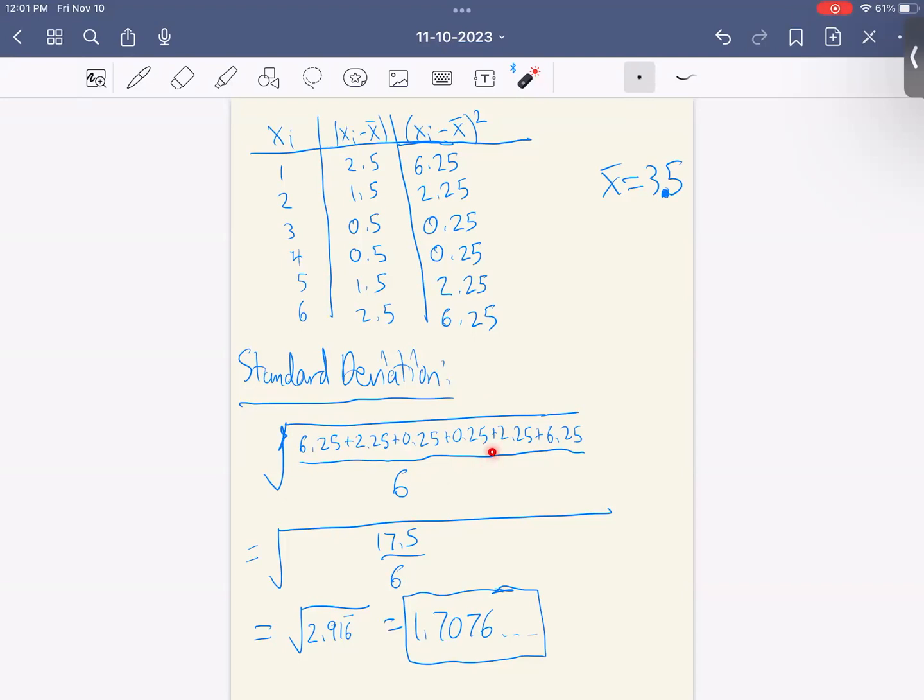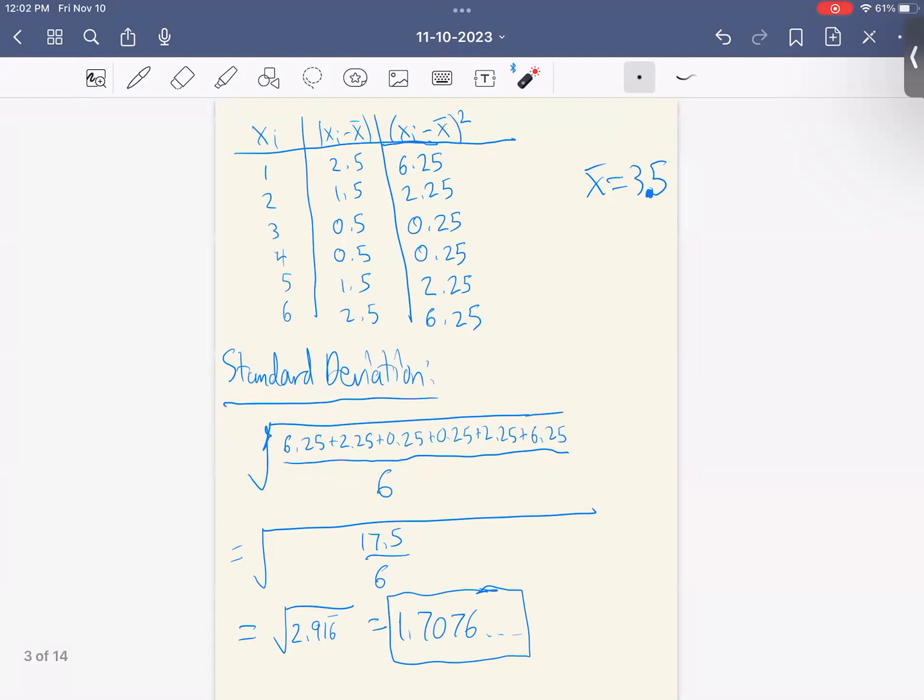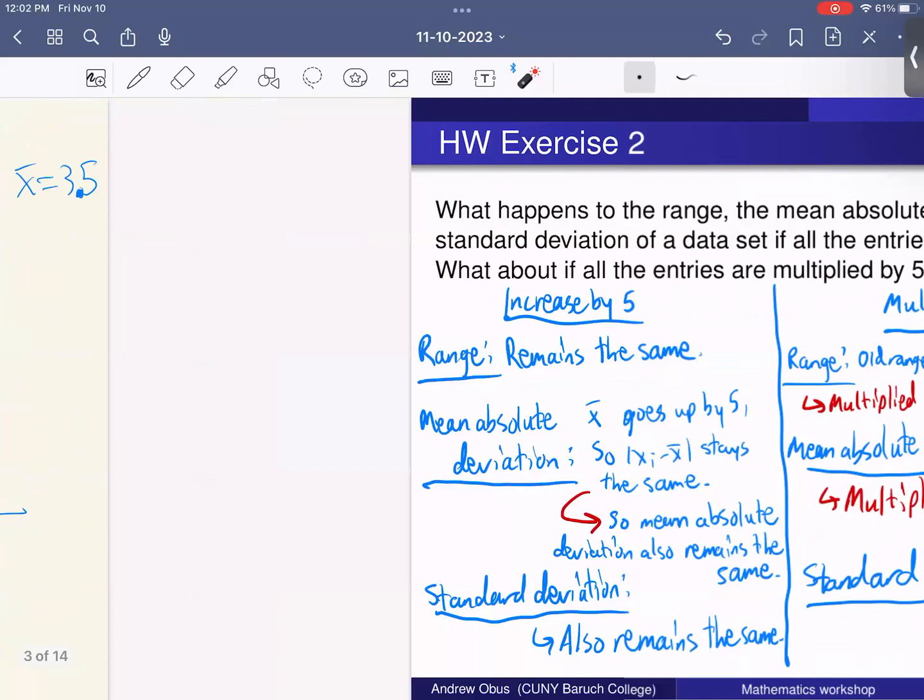So if you have your original quantity multiplied by 25, and then you take the square root of that, compared to what you got originally, you're only going to multiply it by 5. So if your variance gets multiplied by 25, since you're taking a square root, your standard deviation will only get multiplied by 5.